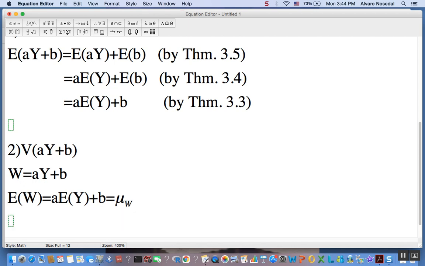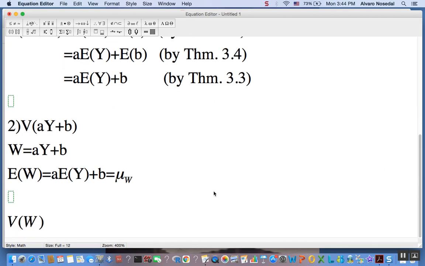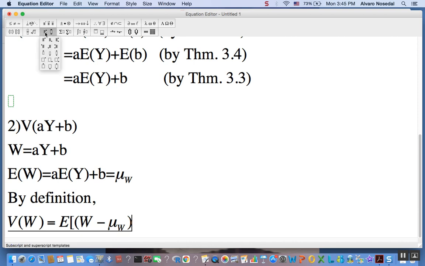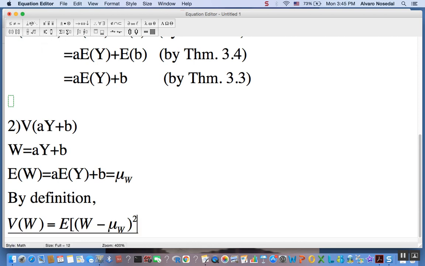But by definition, the variance of a random variable w is just the expected value of w minus its mean, the whole thing squared. You guys agree? That's just the definition of variance.